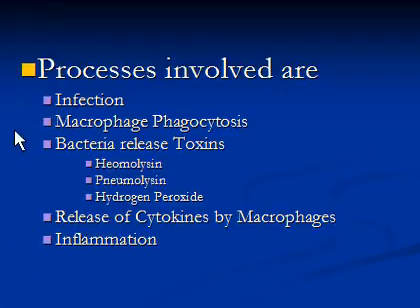Some of the processes shown in this slide and in the next two slides happen in order, while others happen simultaneously with other processes. Infection starts when bacteria make their way to alveoli of lungs.